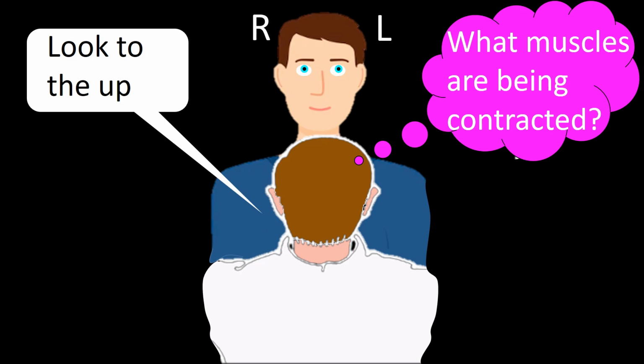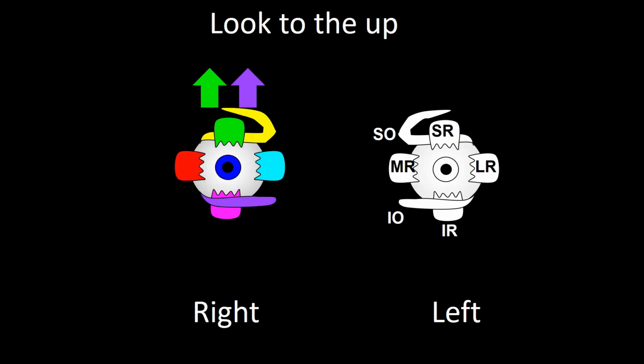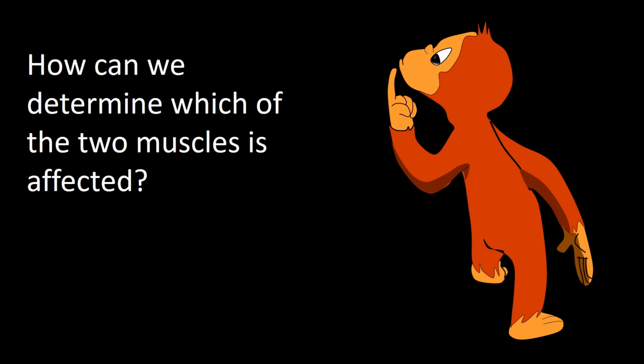When asked to look up, the right eye, superior rectus and inferior oblique will simultaneously contract, and the same muscles will contract in the left eye. Here we have a problem, since 4 muscles are involved in the same movement, 2 in each eye. Singling out the affected eye will only narrow the possibilities to 2 muscles.